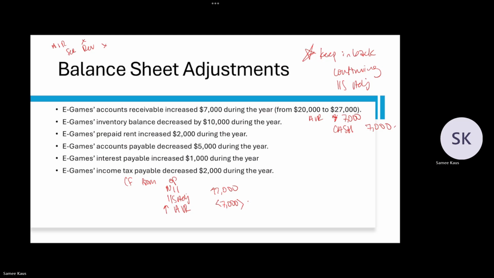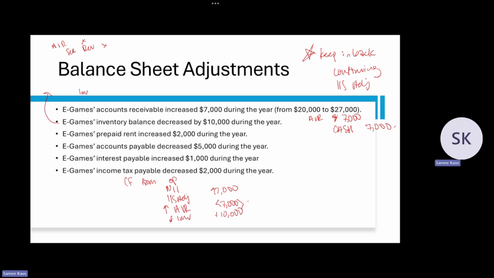Okay. So my inventory balance decreased by 10. So I have a decrease in inventory. Okay. So how do I treat that? Well, I have a decrease in a current asset, so from my chart, I should be able to know that that is going to increase my balance by 10. But I'm going to apply the same thought process over here. I'm going to say my inventory balance decreased by 10. Okay.